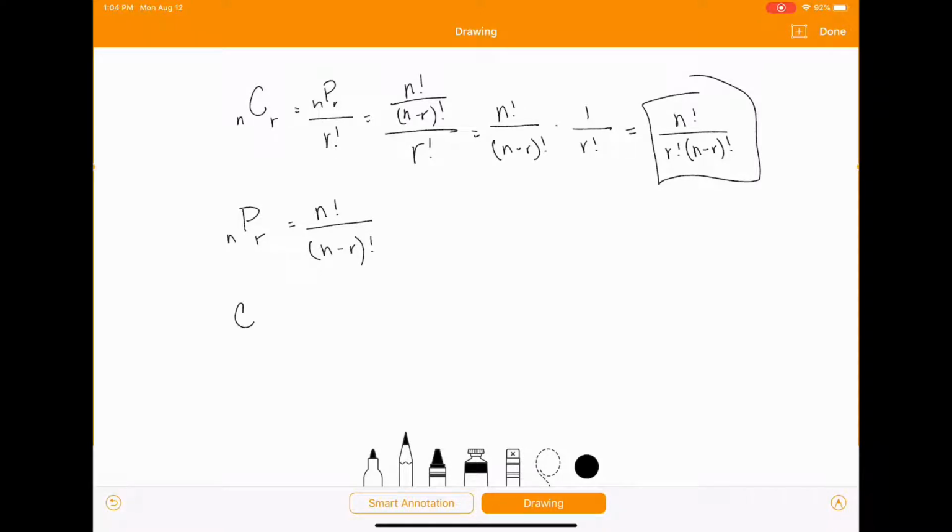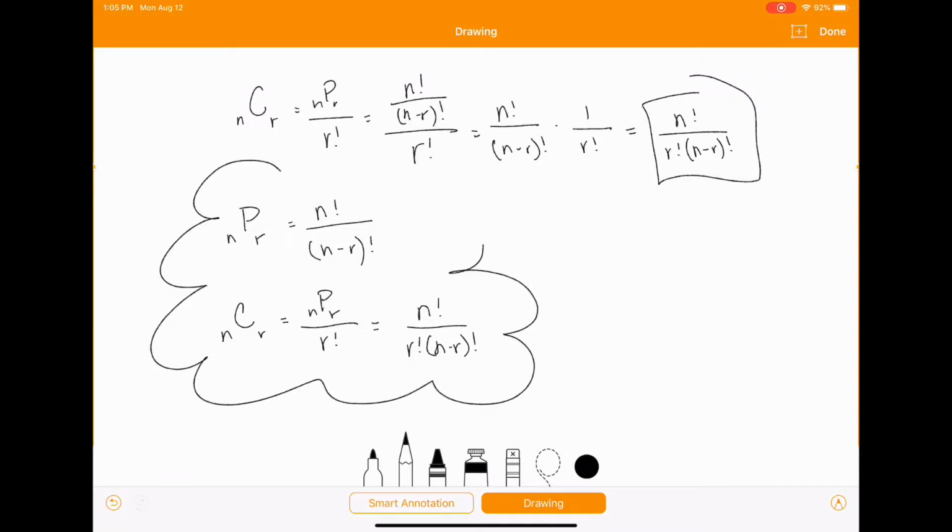And then combinations of n objects taken r at a time is equal to permutations of n objects taken r at a time all over r factorial, which we found above to also equal n factorial all over r factorial times n minus r factorial. So these are the equations that you're going to need for that.